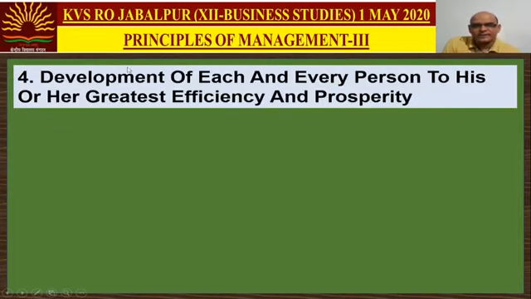And last is development of each and every person to his or her greatest efficiency and prosperity. When Honorable Laluji was the railway minister, he visited IIM and a student asked, "Sir, how could you convert this loss running railways into a profit running organization?"